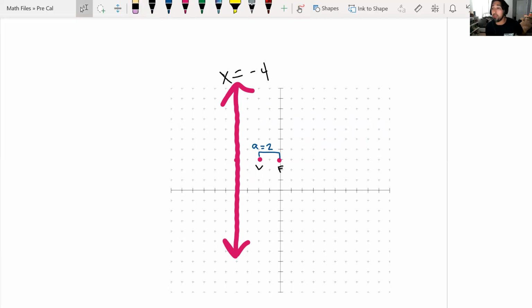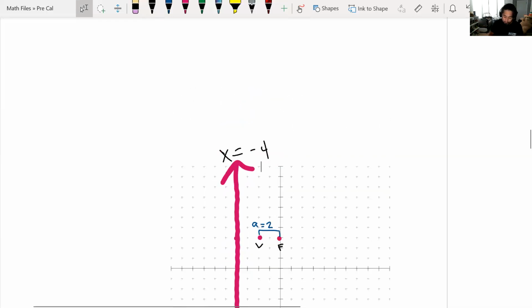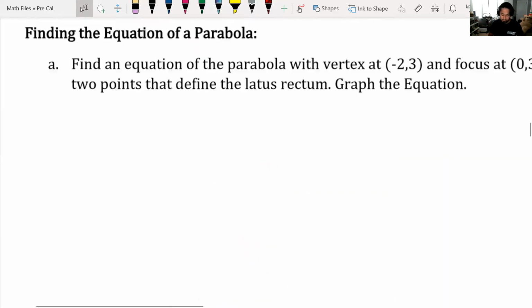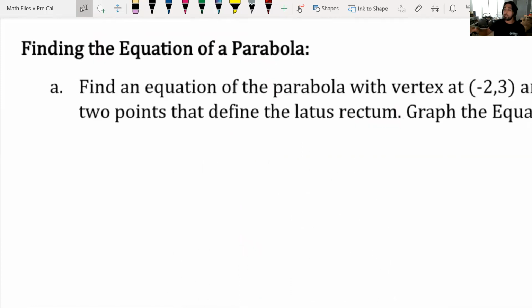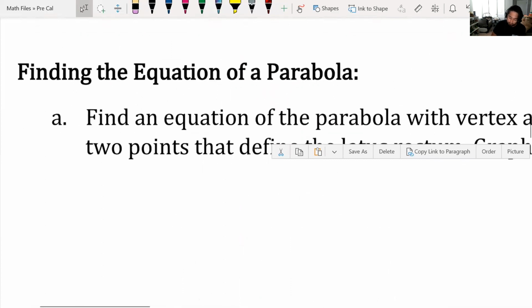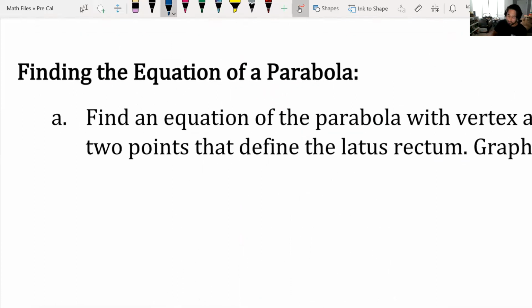Okay, so we have a lot of pieces, and like I said, all we really need now is the direction that the parabola opens. The direction tells us what equation to use and the value of a. So let's write down all those important pieces. Yes, I know they wrote the vertex in the actual problem, but let's go ahead and just write it down again, because I just want to list all the important information.